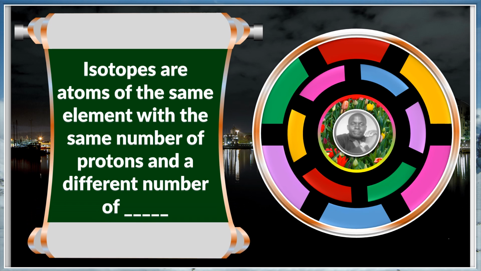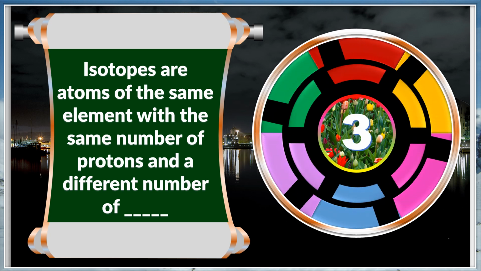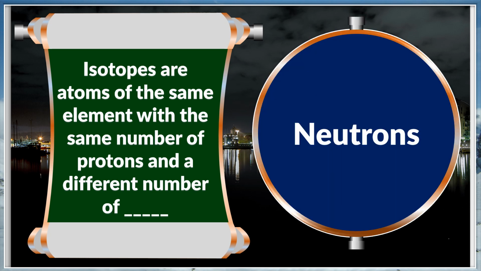Isotopes are atoms of the same element with the same number of protons and different number of dash. Neutrons.